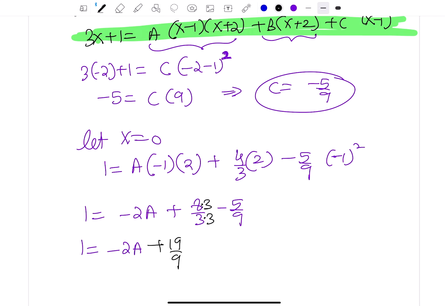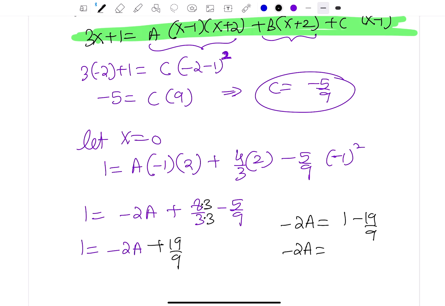Let's go ahead and subtract 19/9 from both sides: -2a equals 1 minus 19/9.